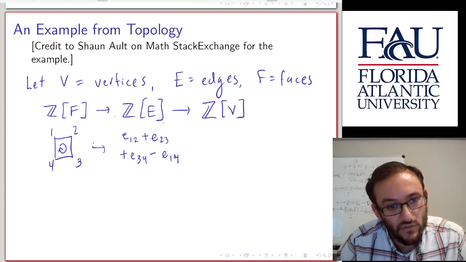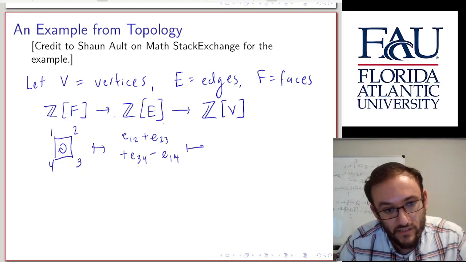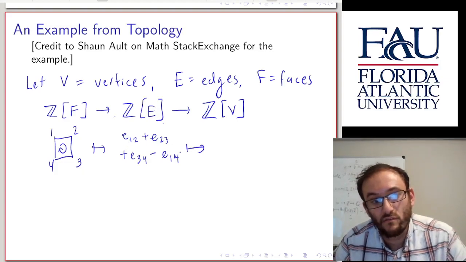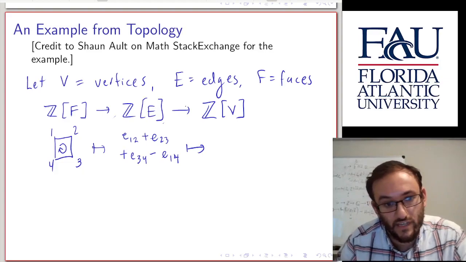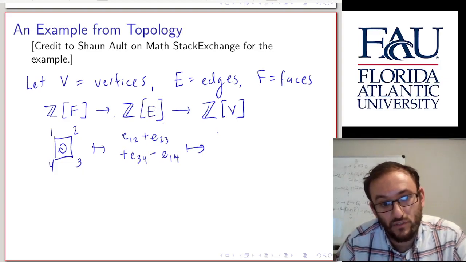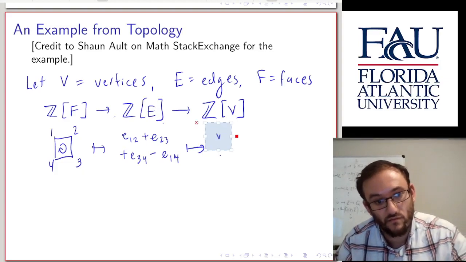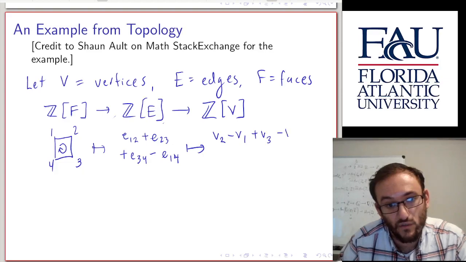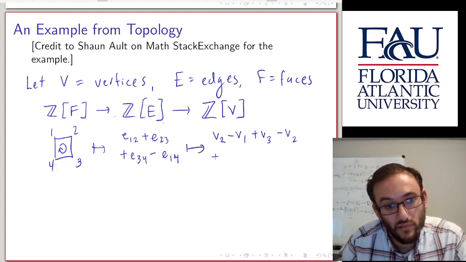And then to go to the module of vertices, each edge maps to the second vertex minus the first vertex. So we have E12 maps to V2 minus V1 plus V3 minus V2 plus V4 minus V3 plus V1 minus V4.